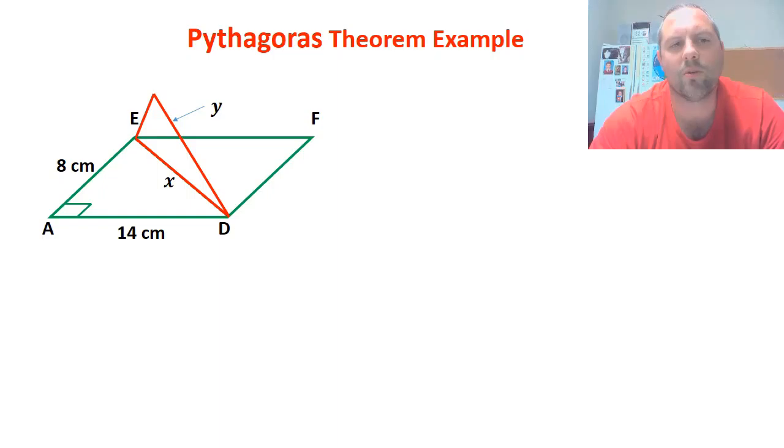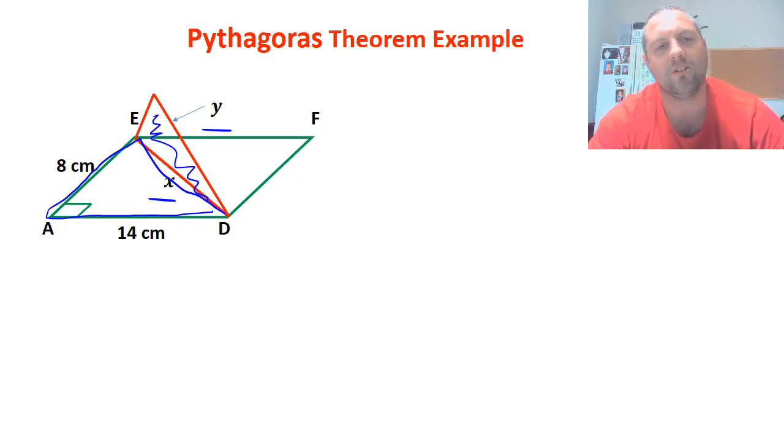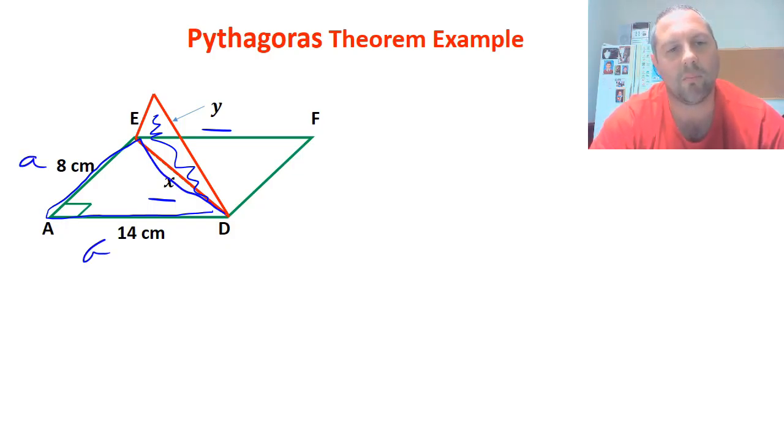So I've taken away the walls from the rest of the shape so we can see clearly which triangle we have to find. As you can see, here's our Y, and we now have to find X in order to find our Y. So we're going to just ignore that triangle for now and concentrate on this triangle, sorry. Okay, so we've got our A, we've got our B, and X is going to be our C. So we know it's A squared plus B squared, and so forth.